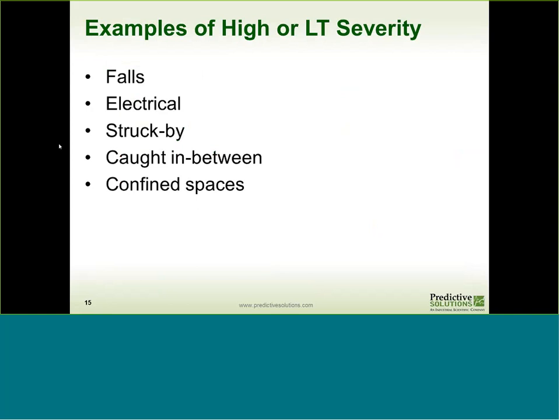Caught in between, like conveyors or moving parts of machinery, things like that. And confined space, or should I say a lack of oxygen atmosphere or low oxygen atmosphere, okay? Or even a high oxygen explosive atmosphere, things like that.